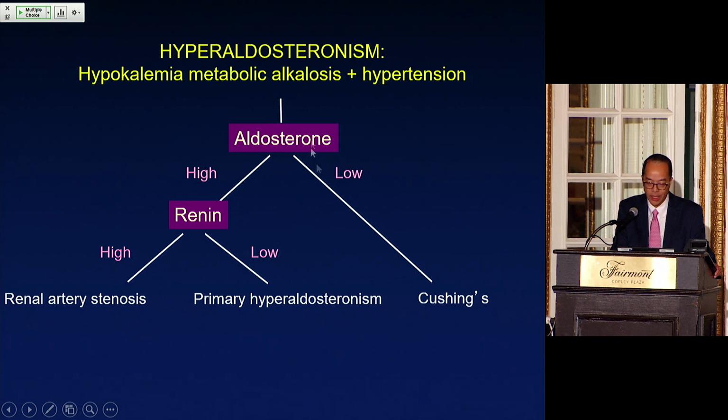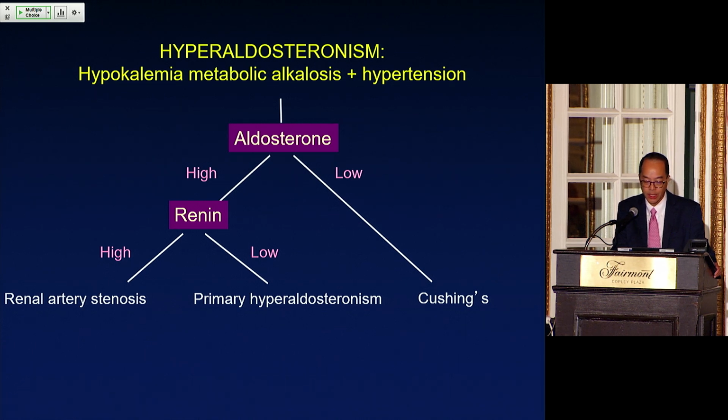And then this arm is those patients in which renin and aldo are low, and they have some condition which mimics aldosterone. By far the most common one is Cushing's disease, so patients who have very high cortisol levels. Remember, the mineralocorticoid receptor also responds to cortisol.